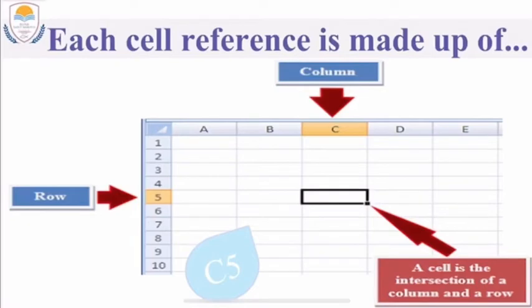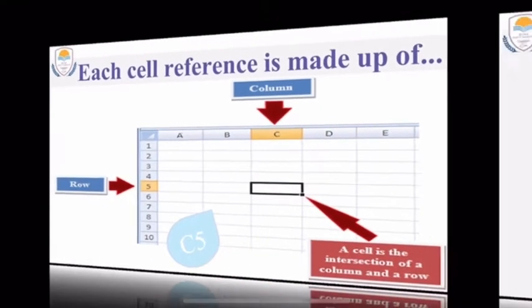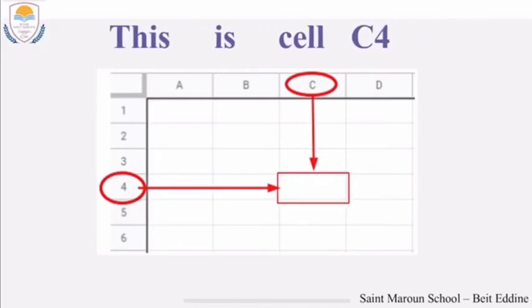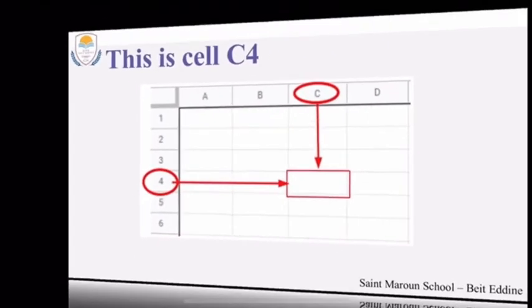We cannot say 5C. No, it's wrong. We say C5. The column first, then the row. This cell, for example, it is located in column C also, but in row what? In row 4. So this cell is C4.